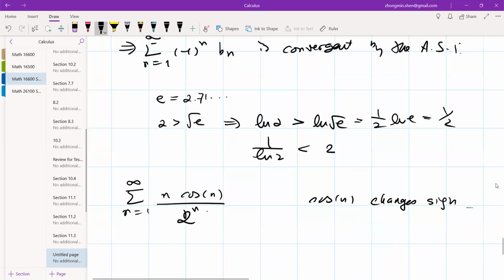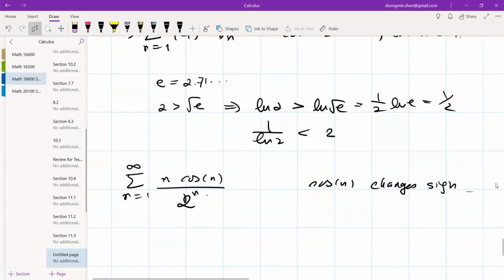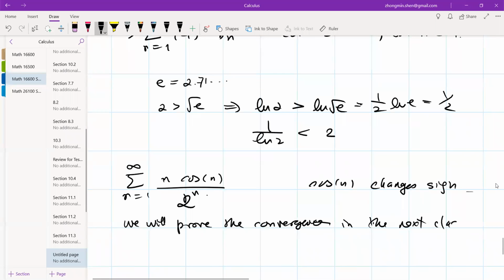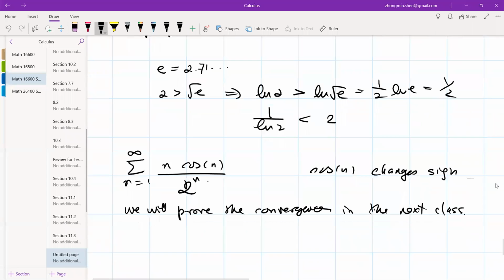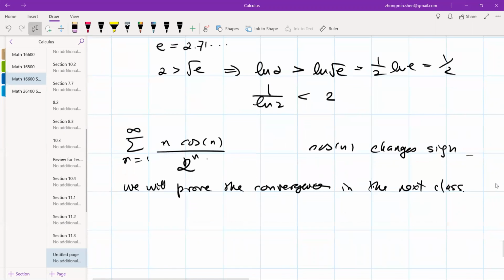We can use the property of cosine n being less than or equal to 1 to prove it's convergent. So we're going to prove the convergence in the next class. We cannot prove it right now. So it's not an alternating series. Cosine n is not going to be alternating between -1 and 1.